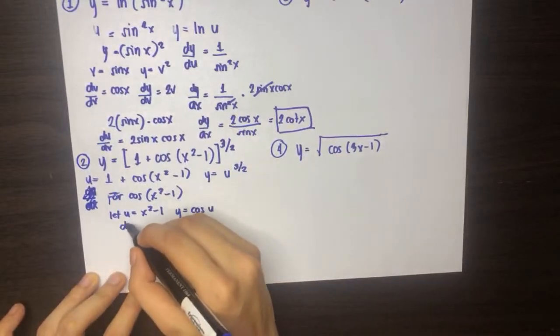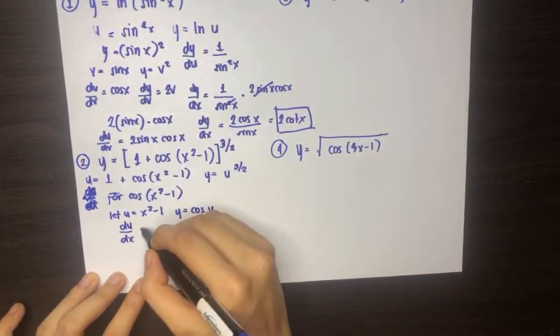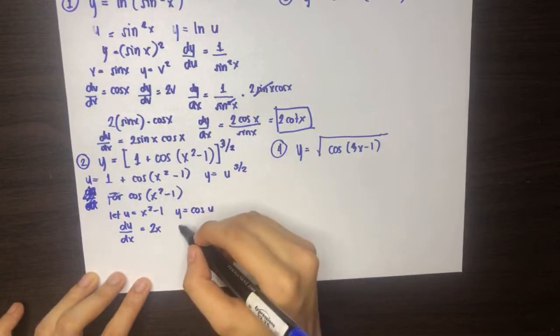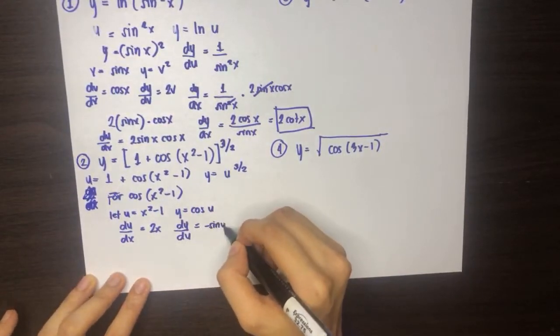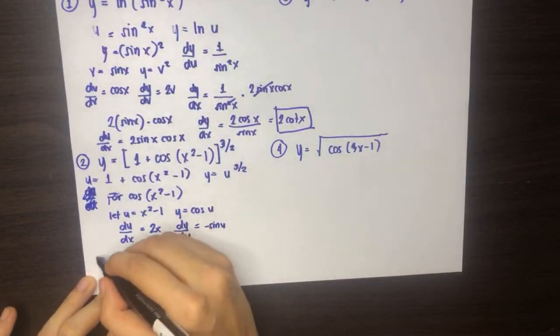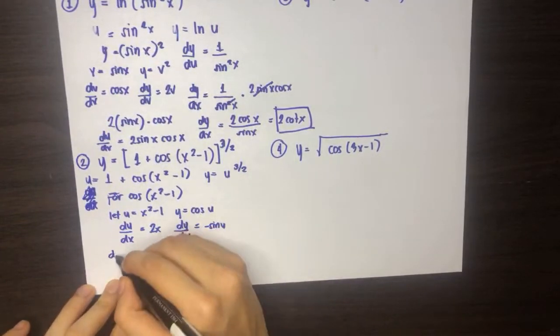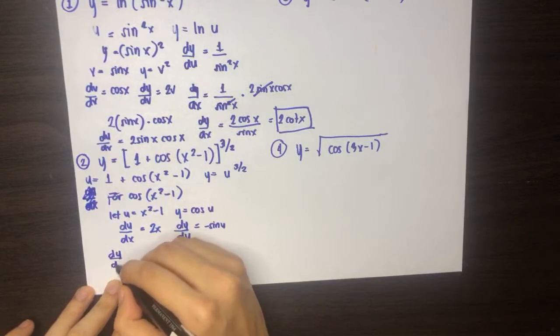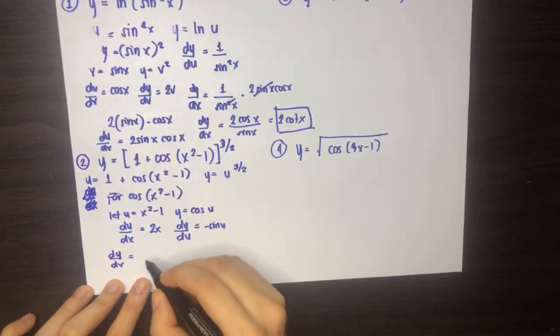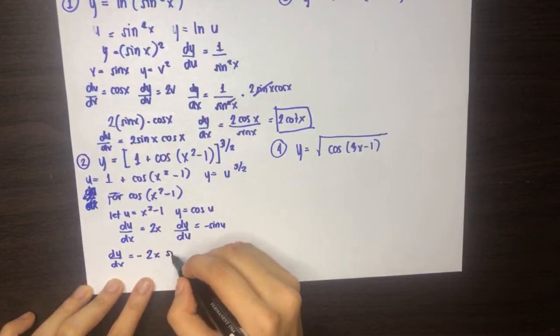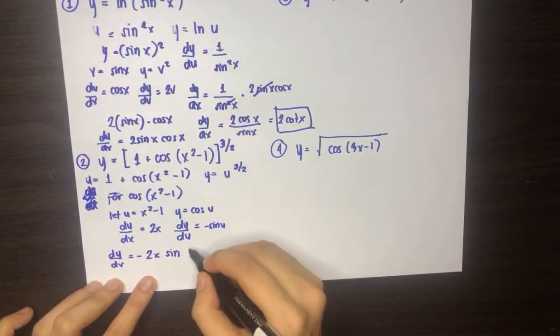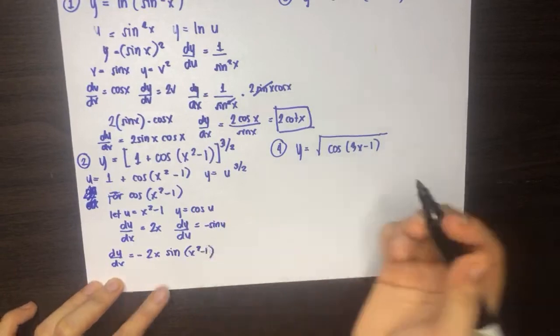And then, the derivative of u is 2x, and the derivative of y is negative sine u. So, kapag sinubstitute ko siya, dito, negative 2x sine of u, which is x squared minus 1.